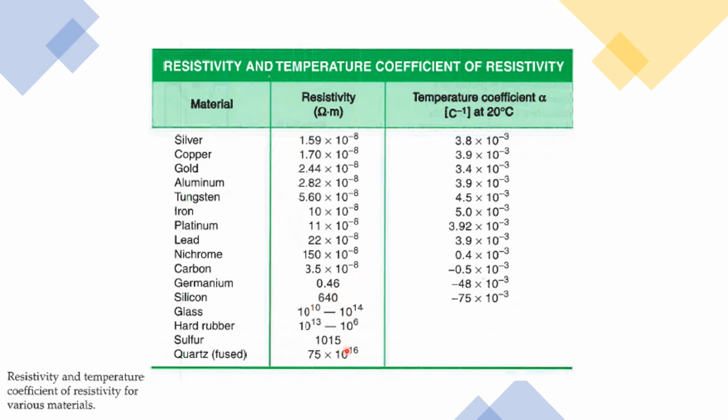And then going up, this is pretty big. 10 to the power 16, pretty big, yeah? Your quartz, fused, sulfur, rubber, glass, and go all the way down to silver. So meaning silver conducts better. Why? Because resistivity is very, very low, okay? Very, very low. So therefore conductivity is going up.